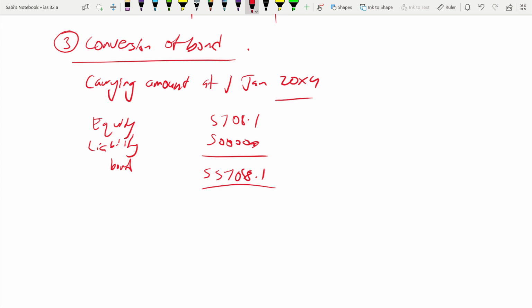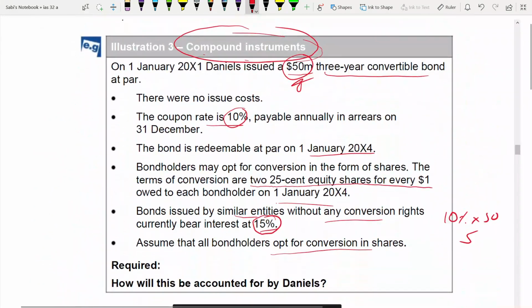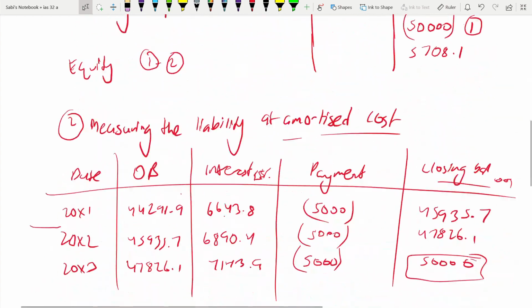Now, after conversion, what happens? Conversion is to 25 cents equity share for every $1, right? So how many shares are there? Equity shares, you see, they issued 50 million. So this 50 million, now you're converting it into shares.